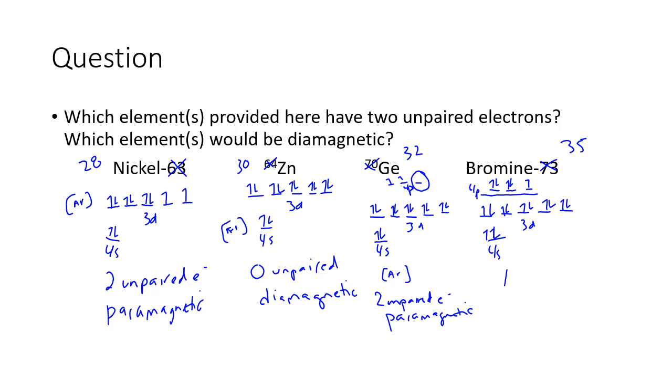And so for bromine there would be 1 unpaired electron, and since there's 1 unpaired electron, it would be paramagnetic. So the answer to the question is that there are 2 elements that have 2 unpaired electrons, the nickel and the germanium, and then the diamagnetic one would be the zinc.